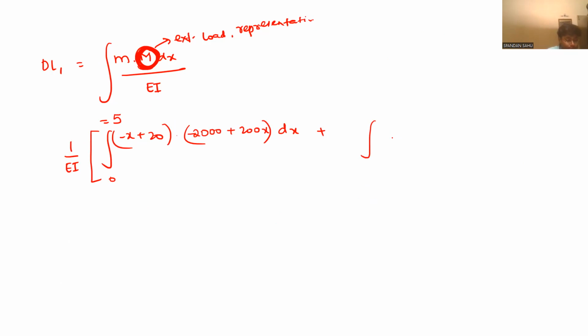Now tell me for the second one. Tell me the equation. Let us simplify it. Twenty minus x minus 5, so 15 minus x.